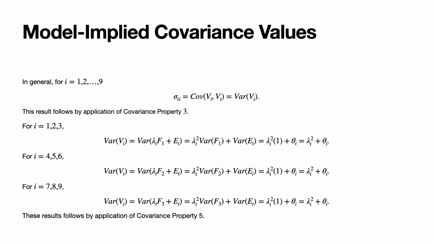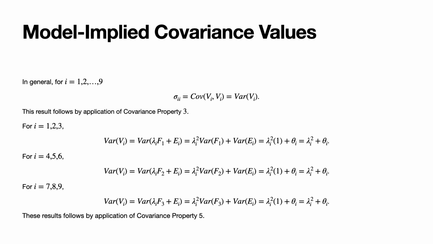For i going from 4 to 6, the variance of V sub i is equal to the variance of lambda sub i times F2 plus E sub i. That is equal to lambda sub i squared times the variance of F2 plus the variance of E sub i. That is equal to lambda sub i squared times 1, where again 1 is the variance of F2, plus theta sub i. And that simplifies to lambda sub i squared plus theta sub i.